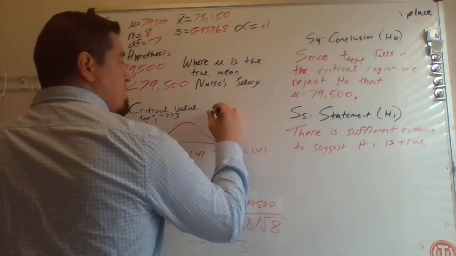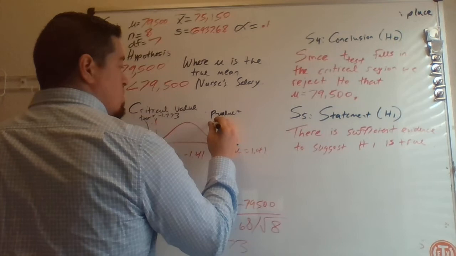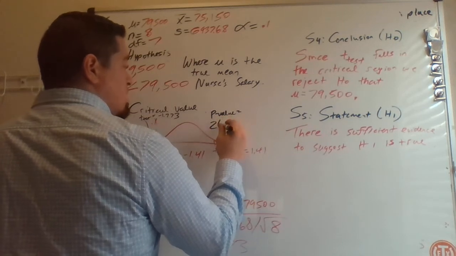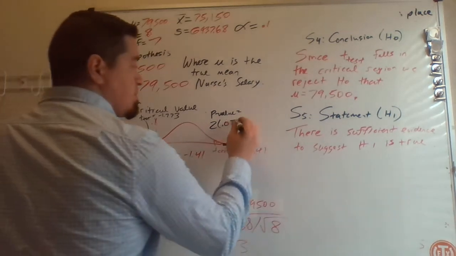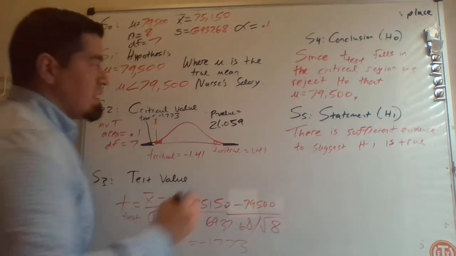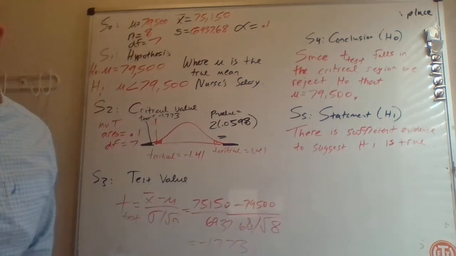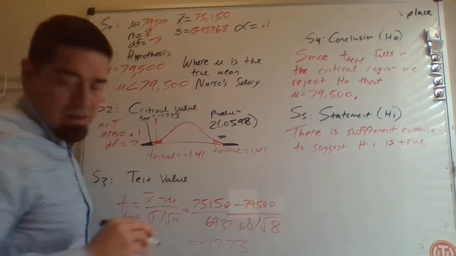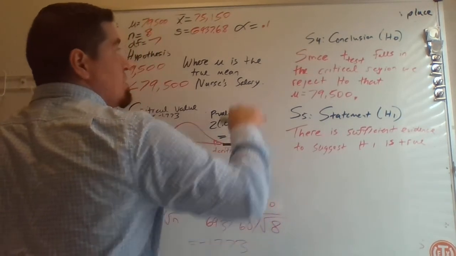So the p-value would be equal to 2 times 0.0597, or 0.0598. Okay, so I would multiply that by 2, and then I get 0.1195, which means the p-value is greater than alpha.